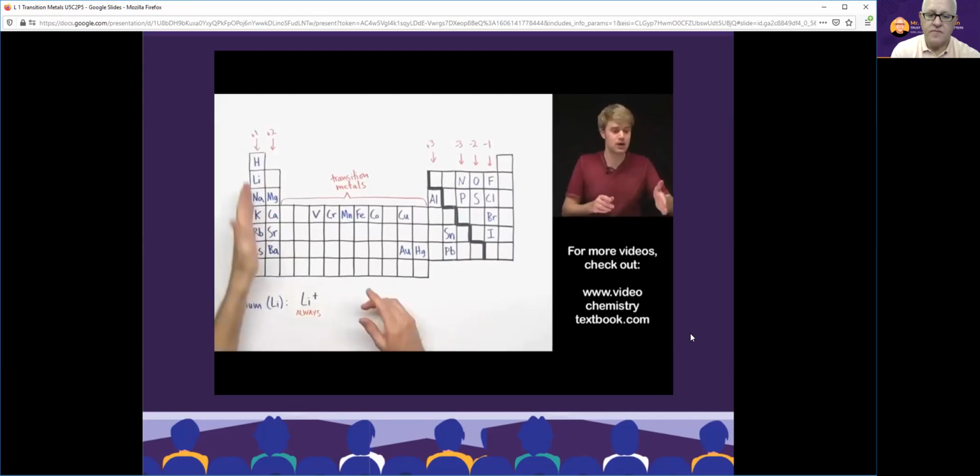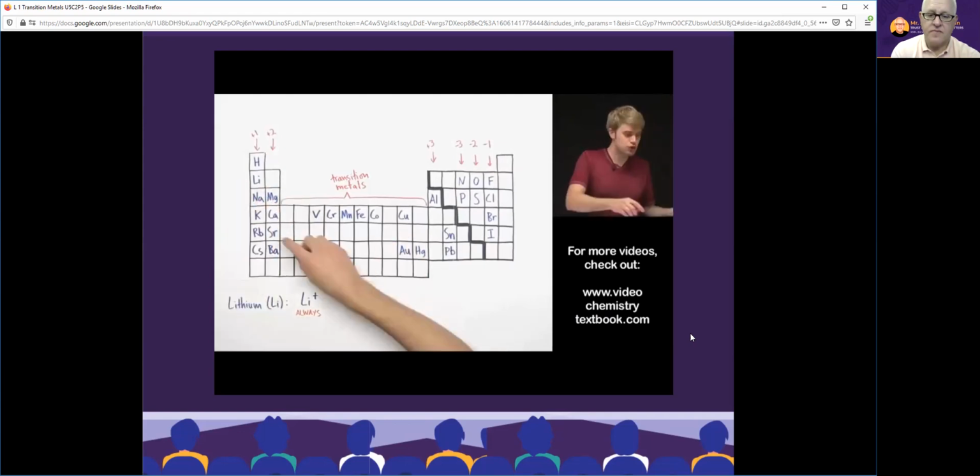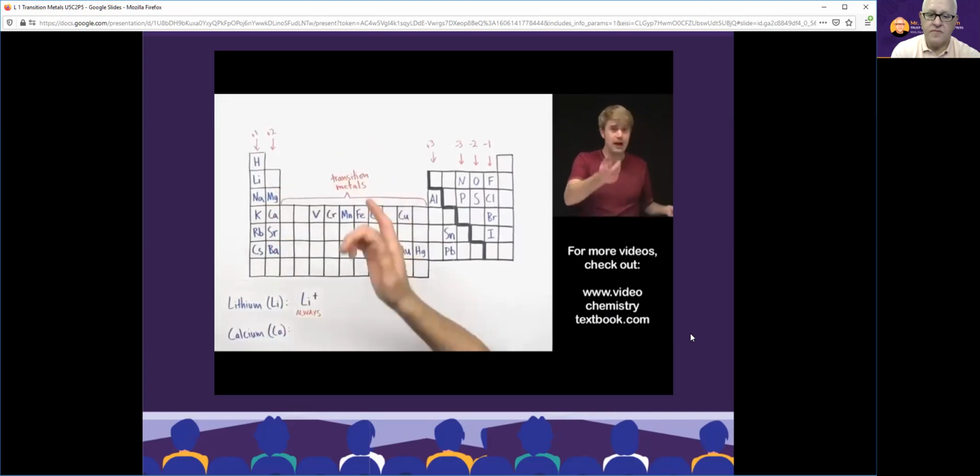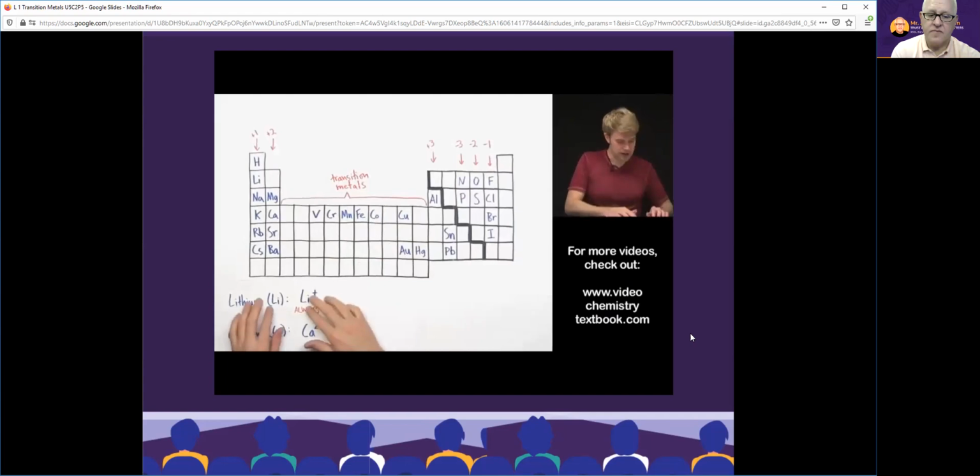We know that based on its location. The same is true for calcium, which is in this column here. When calcium makes an ion, that ion will be Ca2+, and calcium will always make ions that are 2+. Every single calcium ion, for the most part, will be Ca2+.